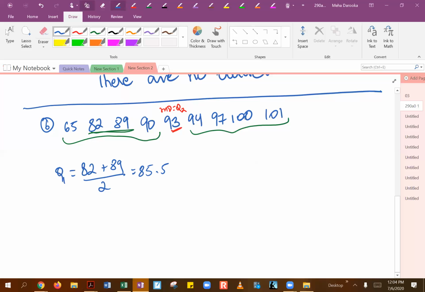Okay, very good. And then, of course, for quartile 3, we would be taking the average between 97 and 100. And that one, Lily, you said is coming out to be 98.5. Okay, very good. And so that means what is our interquartile range then?